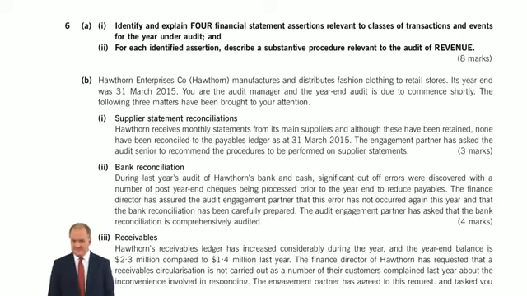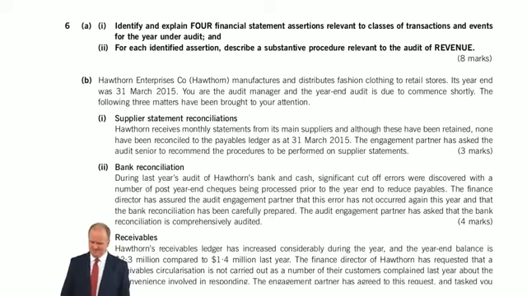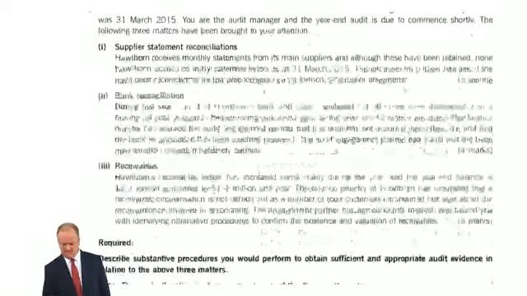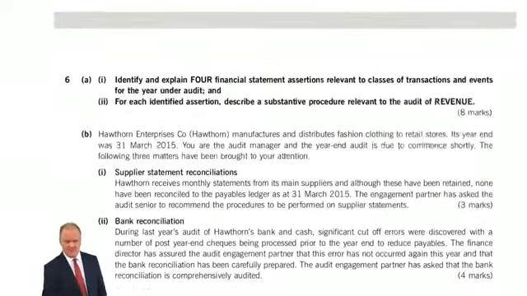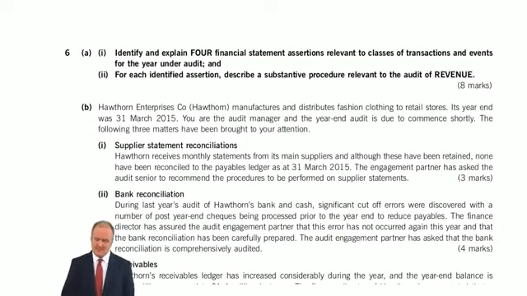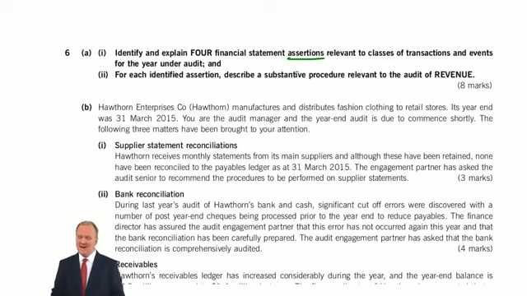Now I like this question for several reasons. It is a real substantive procedures festival of fun. Because part A of the question asks you to identify and explain 4 financial statement assertions relevant to classes of transactions and events.